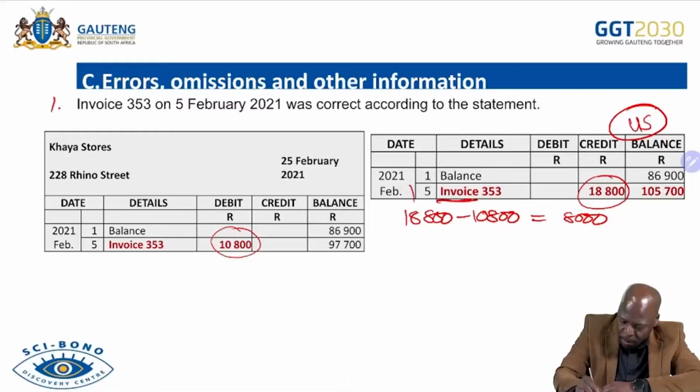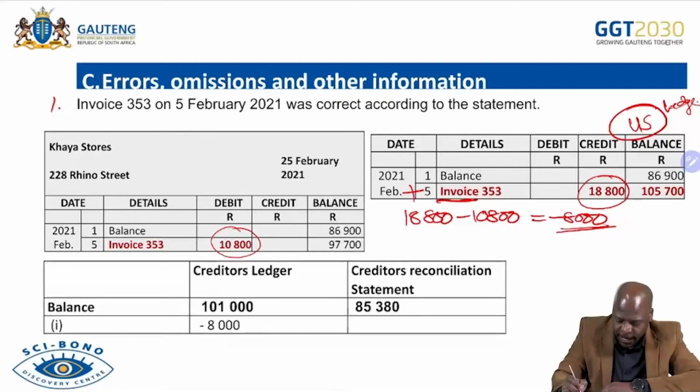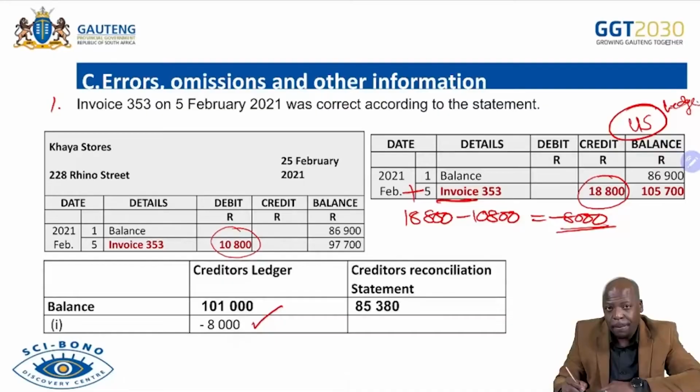It is a plus. So we overstated a plus. How do we correct it? You put a minus. So in other words, we have to go where? To us. Where is us? In the ledger. In the ledger, what do we do? We subtract 8,000. Okay, so let's come to the ledger and then we subtract our 8,000.